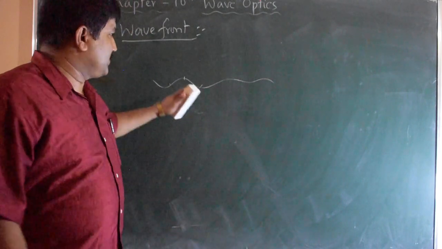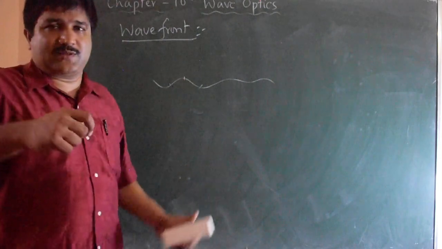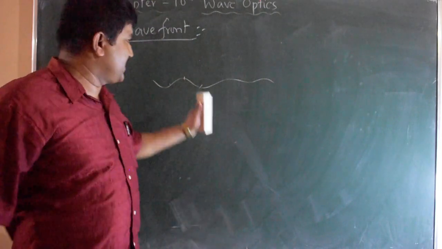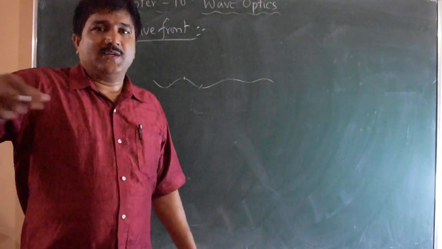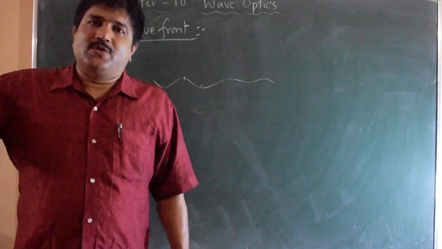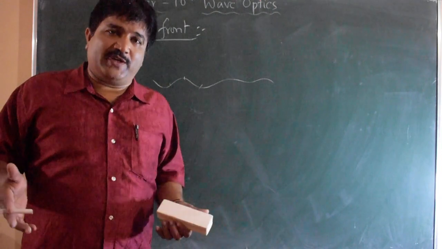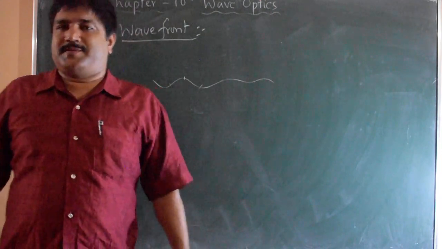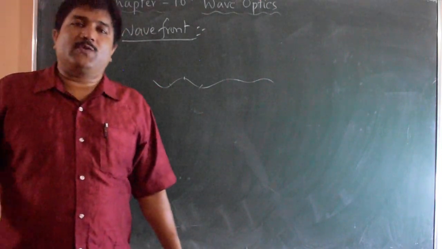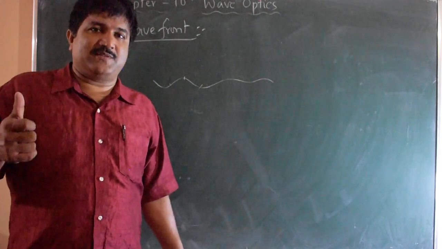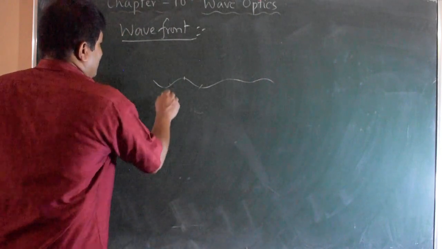Here the particles vibrating at the highest point on the crest form a ring shape. That ring I can take as a wavefront, because all the particles are vibrating in the same phase. Phase means state of vibration.